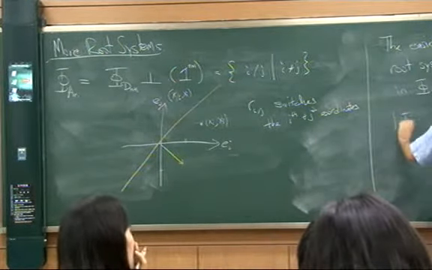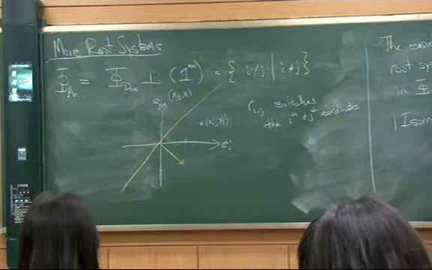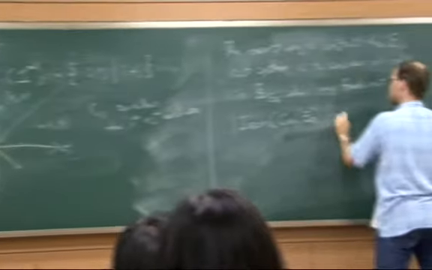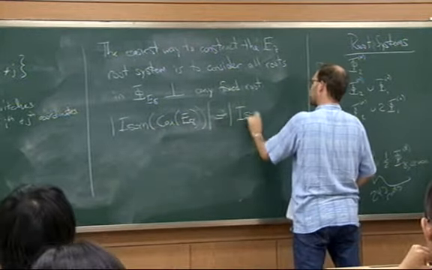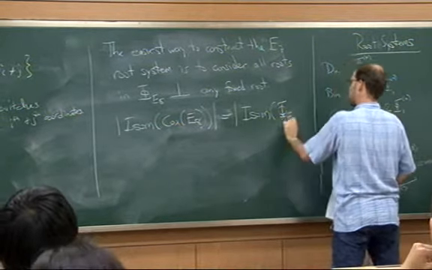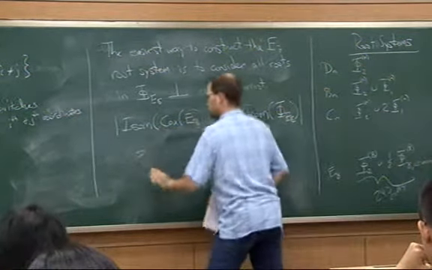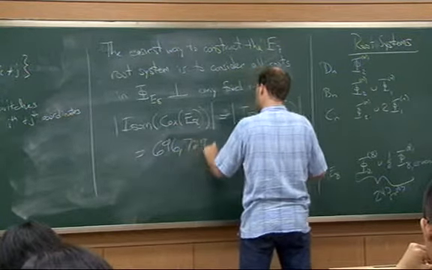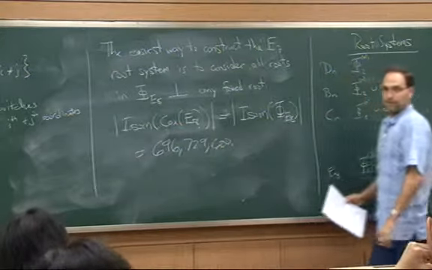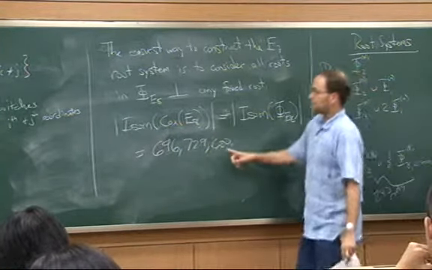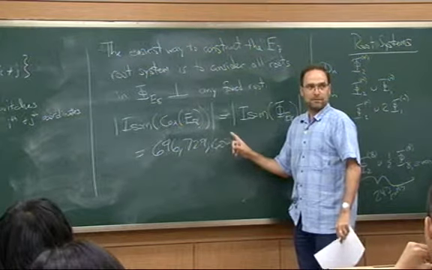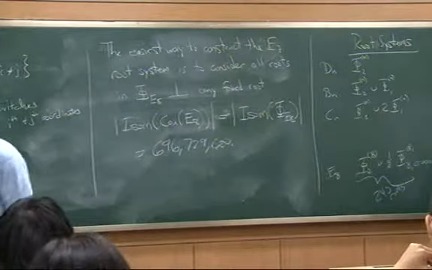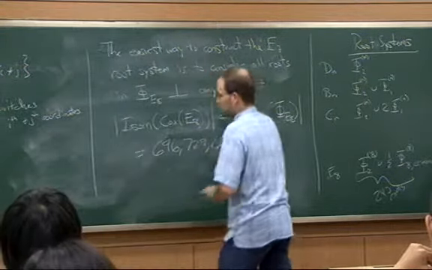The size of the isometry group of the E8 Coxeter group, which is the same as the size of the isometry group of the E8 root system, is 696,729,600. Okay? This is what I mean when I say very, very symmetric. This is a very, very nice arrangement of vectors.